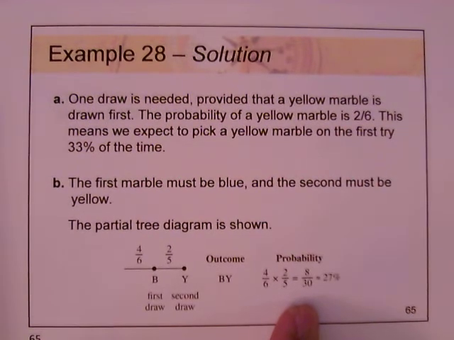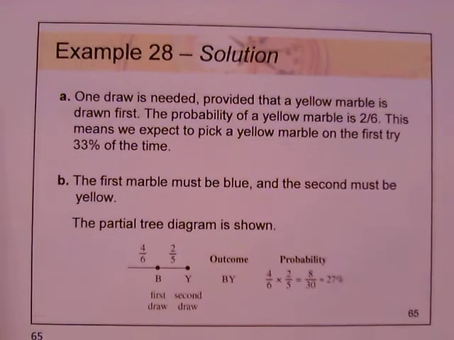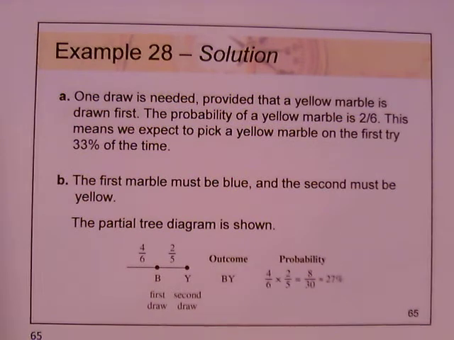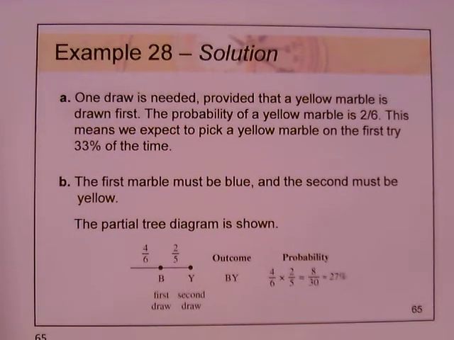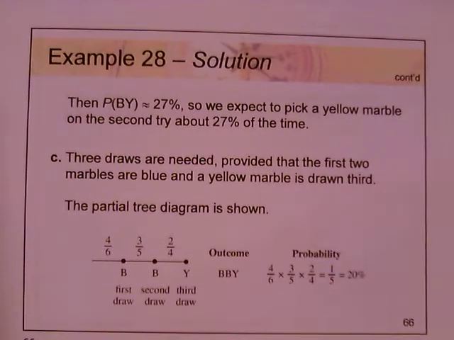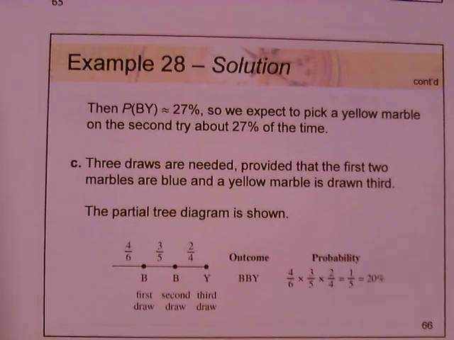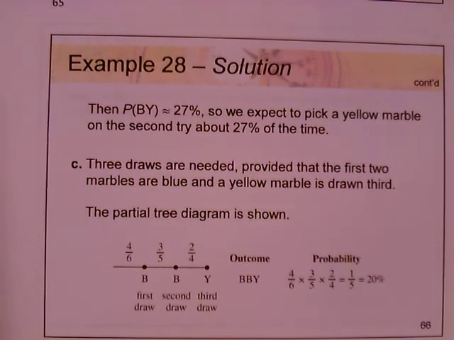As a percent, you'll get approximately 27%. And then that means here we would expect to pick a yellow marble on the second try about 27% of the time.